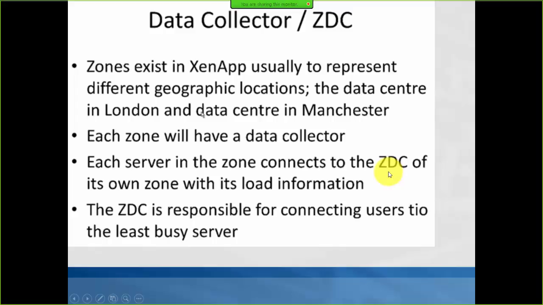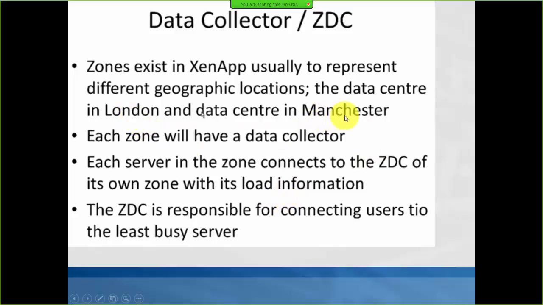And if there are 2 zones, then the zone data collector of the London zone will be transferring all the information to the zone data collector of the Manchester zone. What does that mean? That means the zone data collectors of both London and Manchester will have all the load information of all the XenApp servers of London and Manchester.